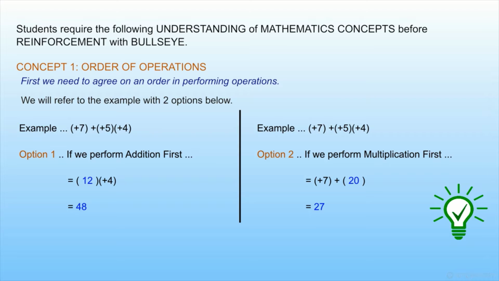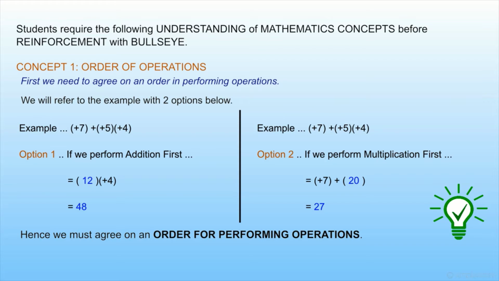For option 1, if we perform addition first, we get a result of 48. For option 2, if we perform multiplication first, we get a result of 27. Hence, we must agree on an order for performing operations.